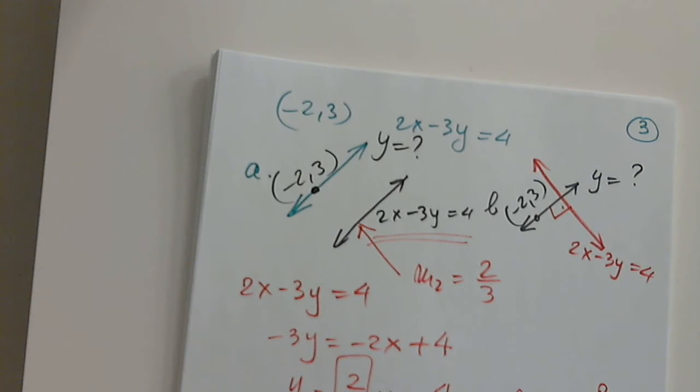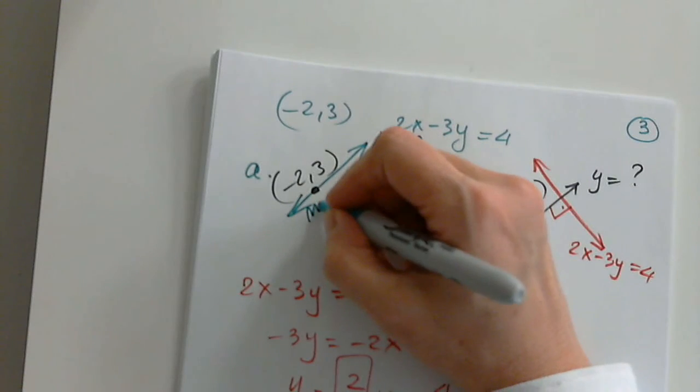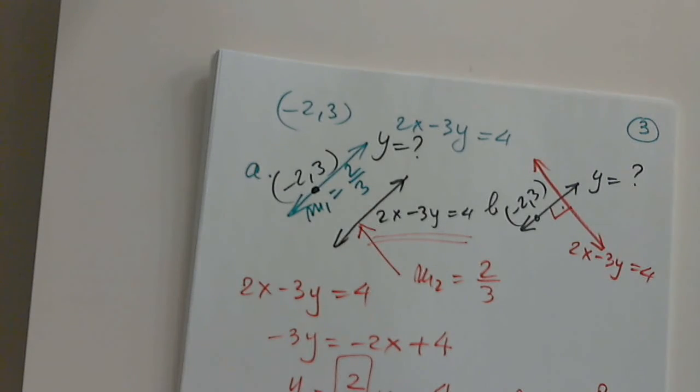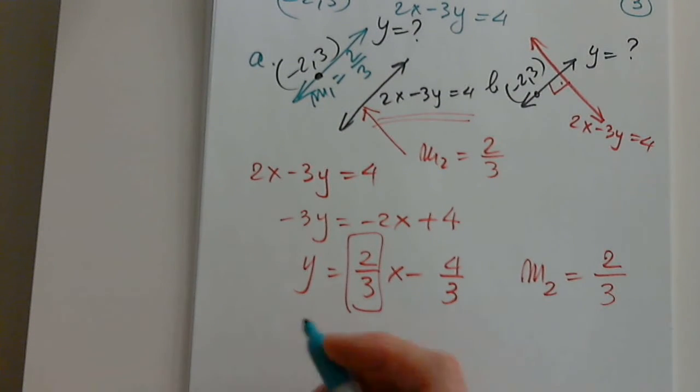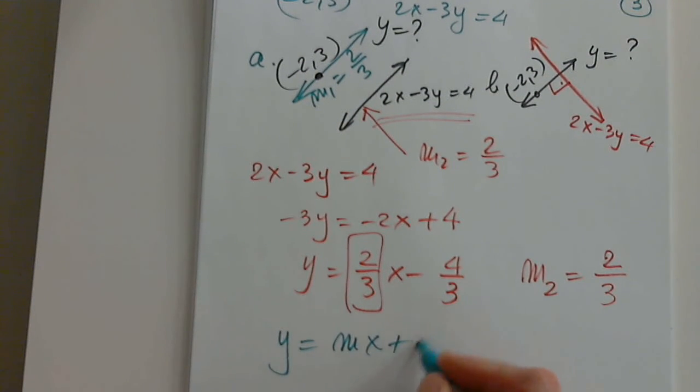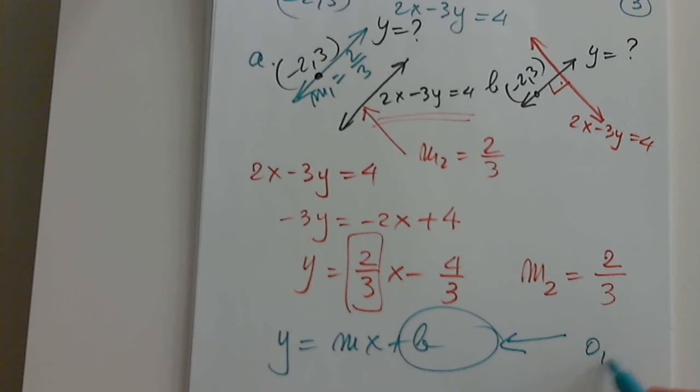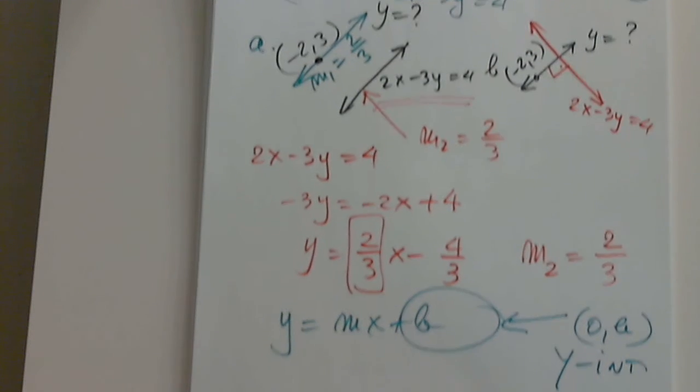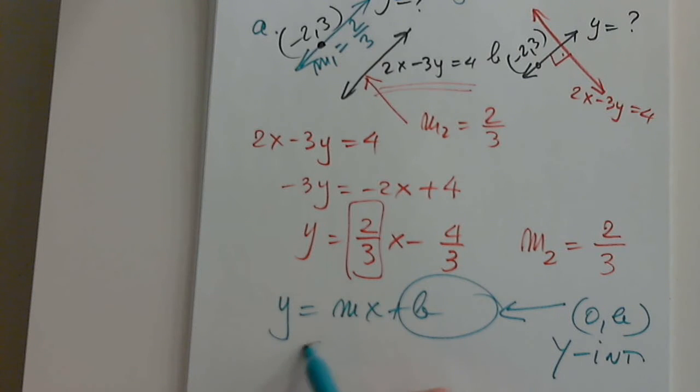So if M1 also equals 2/3, then I have to think of an equation, and we have two equations of the line. One is y equals mx plus b, the slope-intercept form, but this piece is (0, b), the y-intercept, which I don't have. The other is y minus y1 equals the slope times x minus x1.